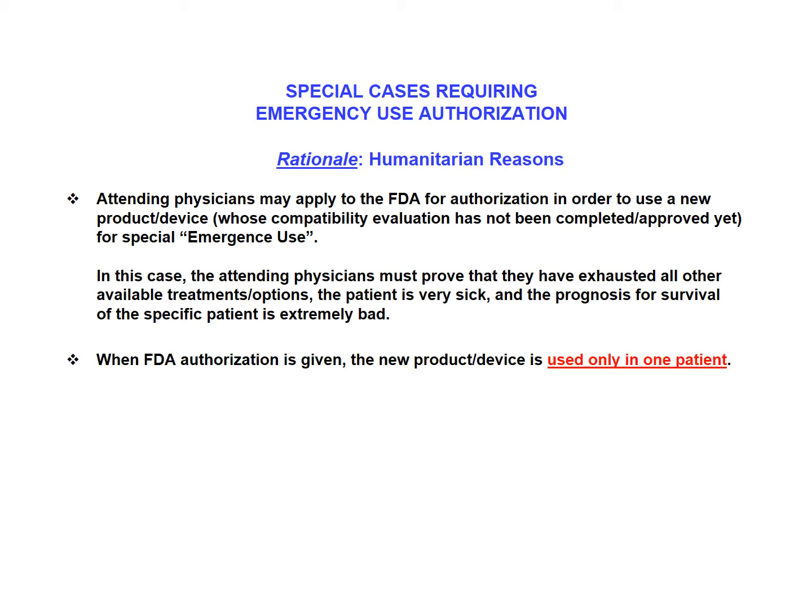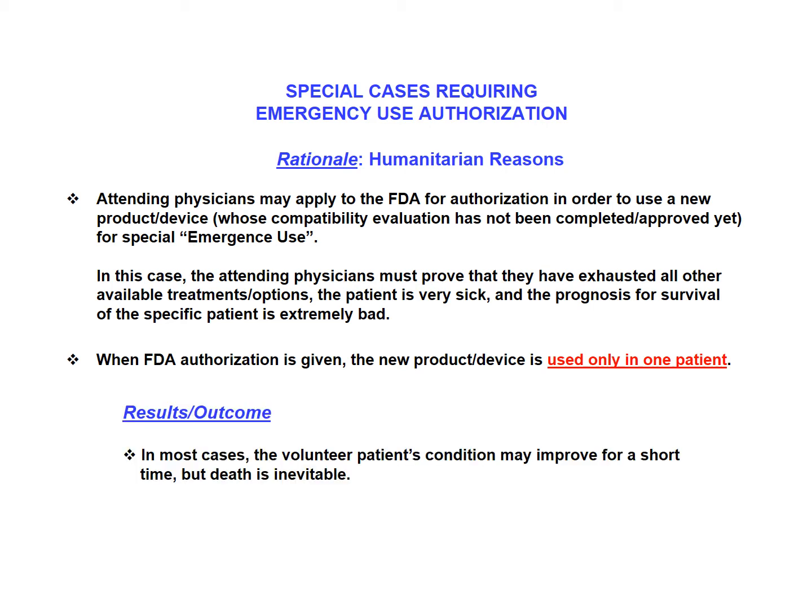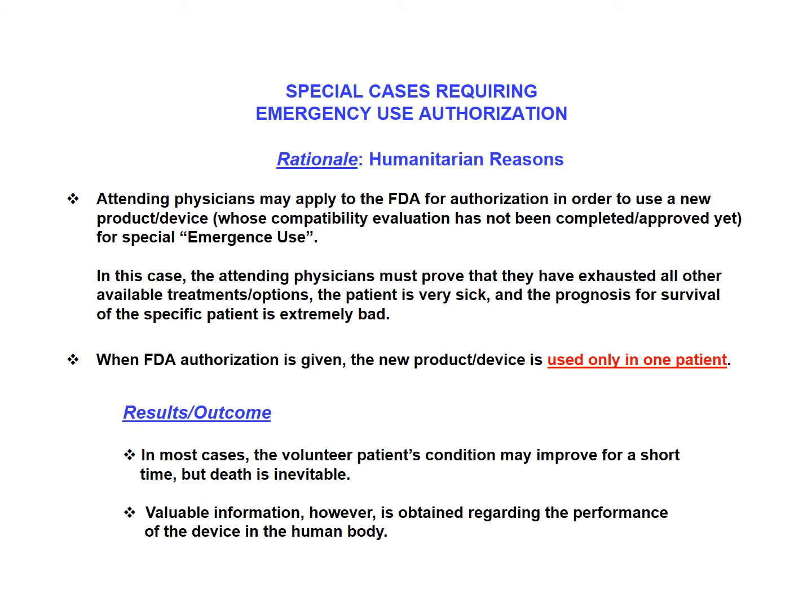When FDA authorization is given, the new product or device is used only in one patient. The results or outcome in most of these cases is that the volunteer patient's condition may improve for a short time, but death is inevitable. Valuable information, however, is obtained regarding the performance of the device in the human body.